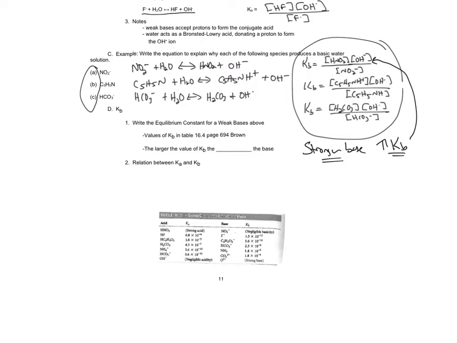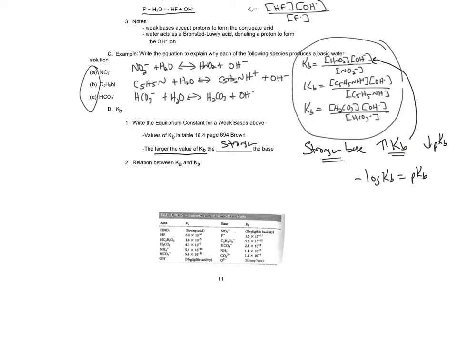And if you take the negative log of Kb, this is called the pKb. As before, the greater the Kb, the smaller the pKb is. So again, that's the relationship between the pK value and the K value. So the larger the value of Kb, the stronger the base.